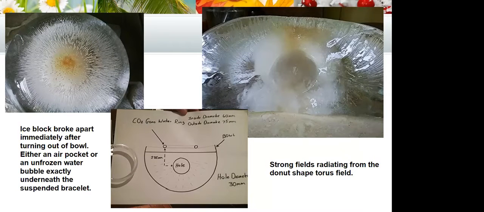So I'm having really good effects. The one lady, I gave her 2 bracelets, a CO2 and a zinc, and she put one on either arm, and her back pain disappeared. And she was very keen to tell me that not only did her back pain disappear, but her watch battery, which had been losing time and going flat, suddenly came right again. So there's many side effects to wearing Gantz bracelets.